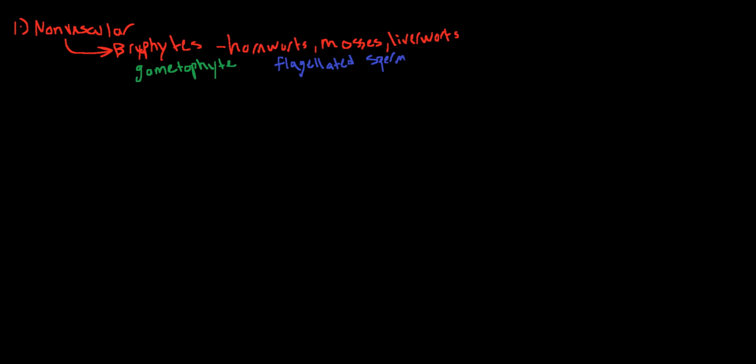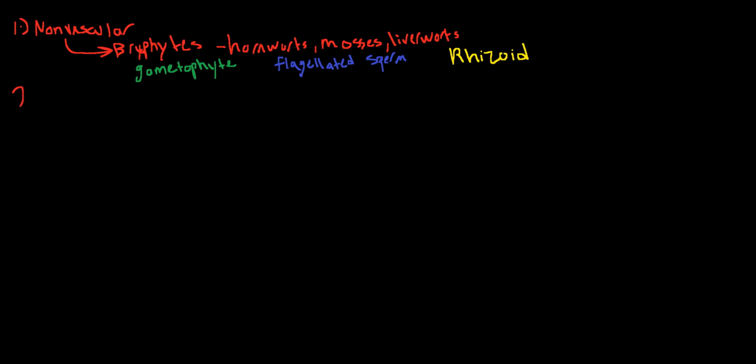And something very unique to them is that they don't have roots. Instead, they have something called rhizoids, which resemble roots. They're kind of like roots, but they're not. They're the only ones that have this rhizoid structure.